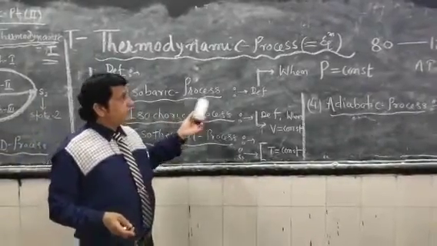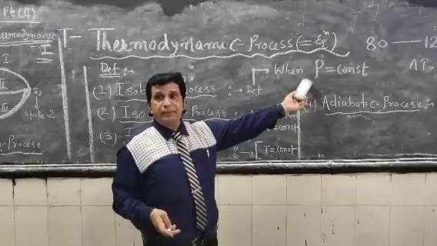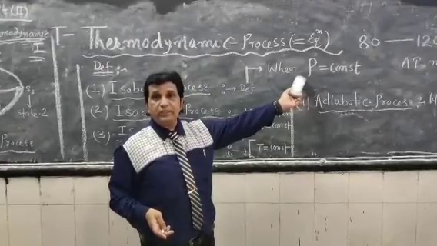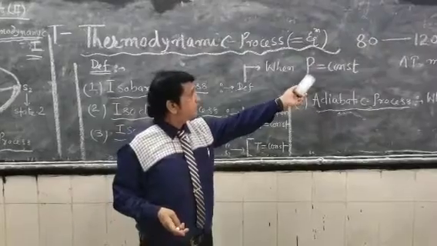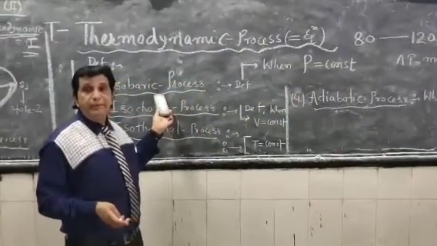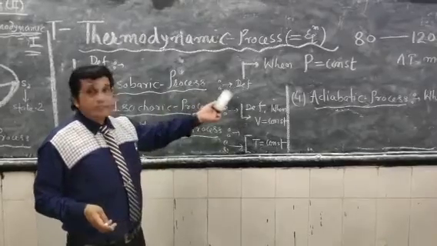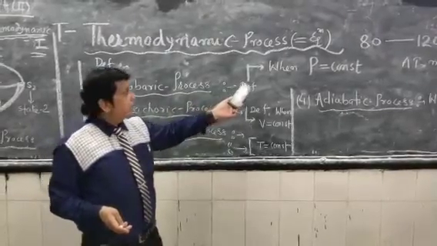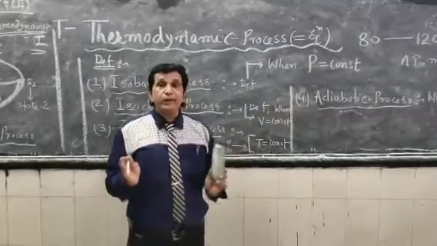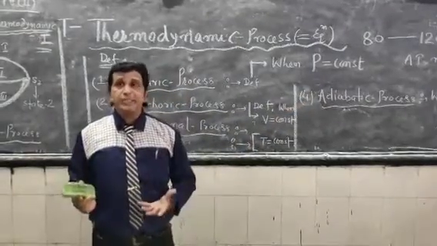The process in which pressure remains constant, or the process which occurs at constant pressure, is known as an isobaric process. I mean to say the process which occurs at constant P is known as an isobaric process. It can be explained.